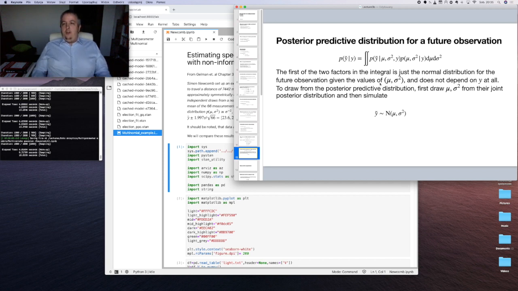So really, in order to perform predictive distribution, we just need to sample from our posterior for mu and sigma, and then we can simulate our values of y. And we will be doing it again with different examples during this topic.